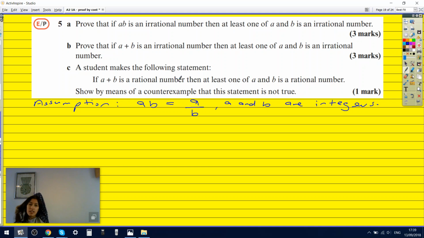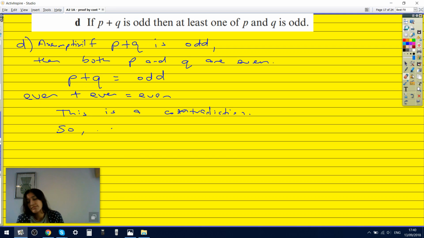Okay. A and B are integers. So do we do the whole times by B thing? Do I need to use different letters though? Hold on. I think I might need to use different letters. Let me just go back to when we did this one before.